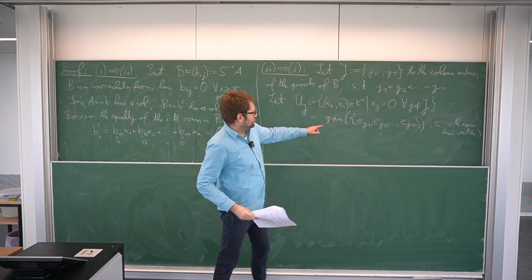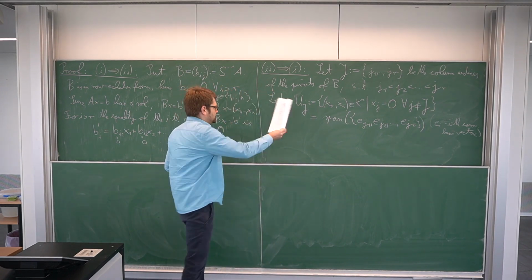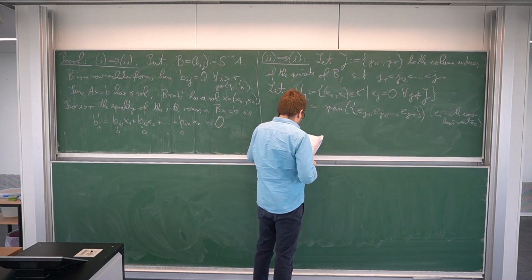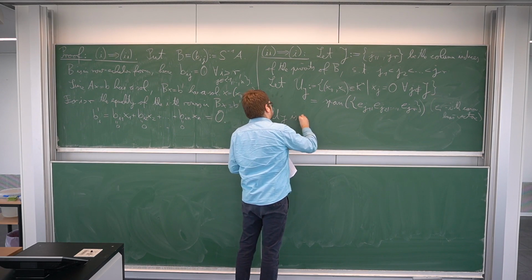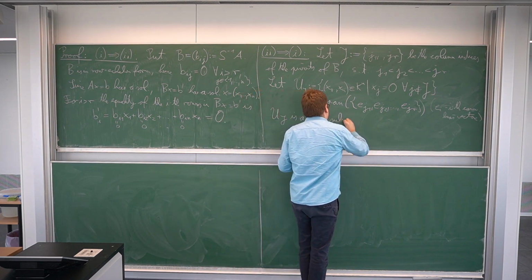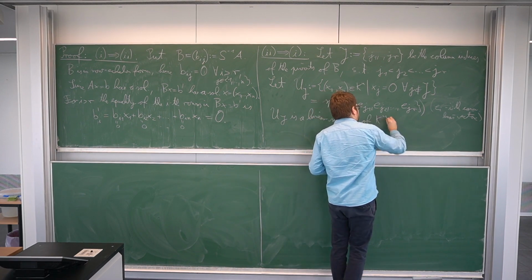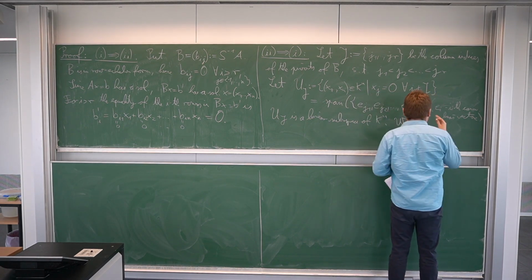And of course, if we write in this form, we immediately see this is the linear subspace. And it's hopefully easy to see that this is exactly the same space. Now, let's maybe write this down. U_J is a linear subspace of K^n. And what we now want to do is to show something a bit stronger than we actually need to do.